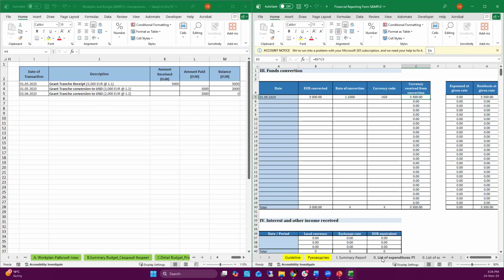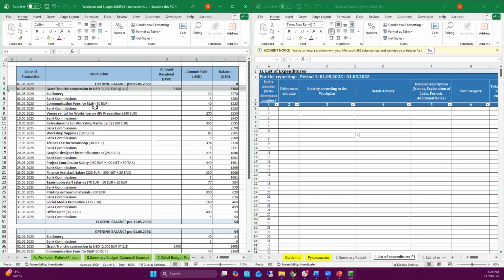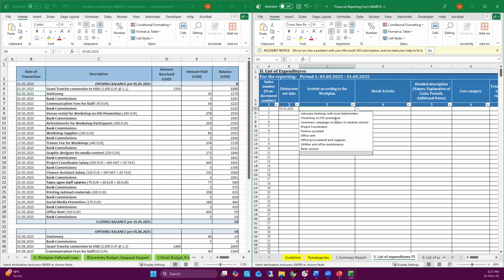Then we go to the list of expenditure. So we need to fill out this basic form. Now we go to the USD statement and look into the expenses that we had during this period. So we had stationery on this date, the 3rd of May. Okay, so here you will have a drop-down window.